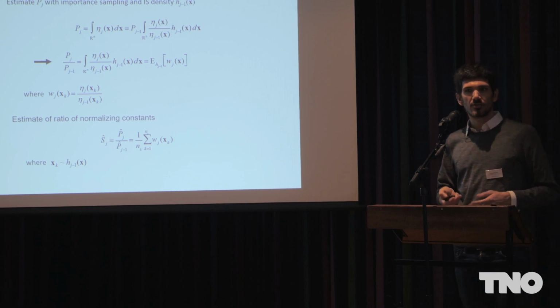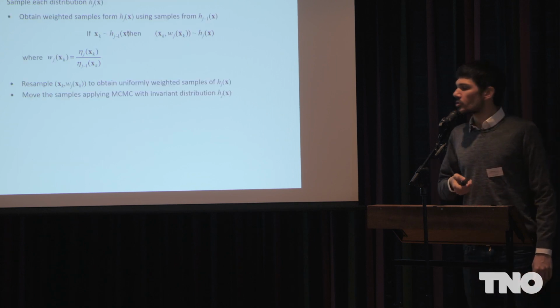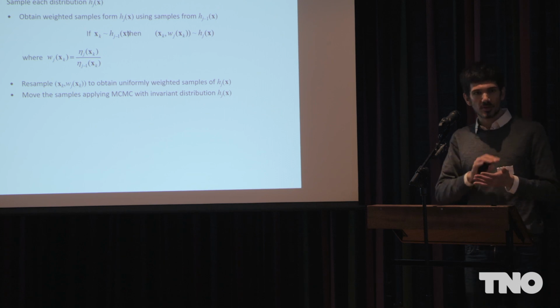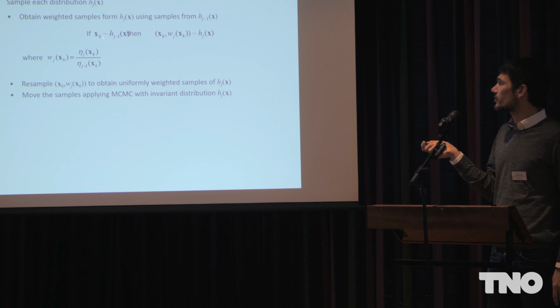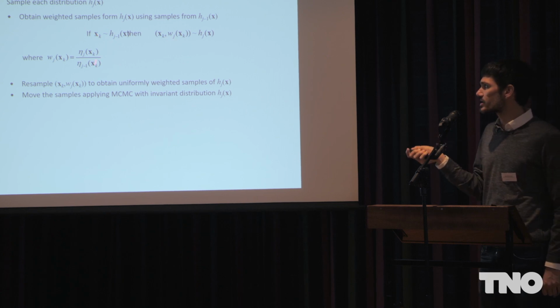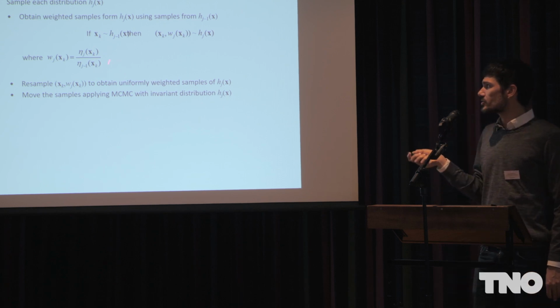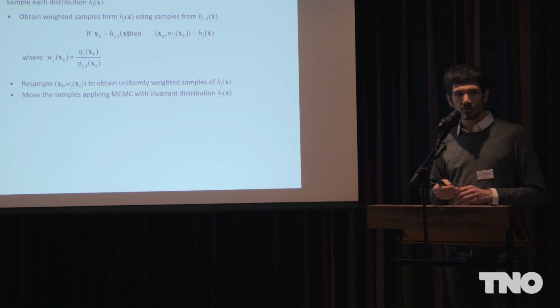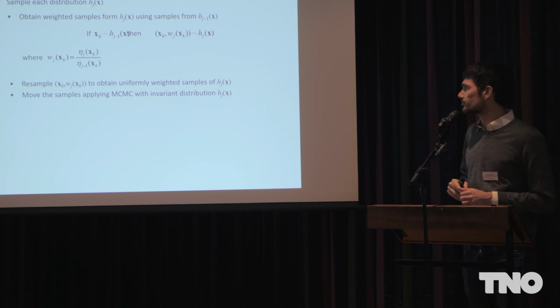Now, how do we sample from the sequence of distributions? We are assuming that we have samples xk from distribution Hj minus 1. Then these samples are also weighted samples when we pair them with these weights of the next distribution in the sequence. These weights are in principle the likelihood ratio between the two subsequent unnormalized densities.